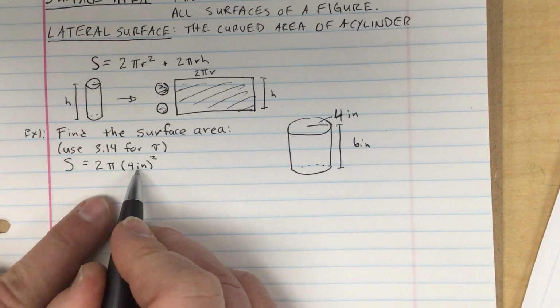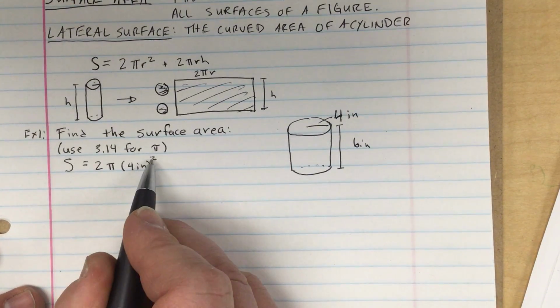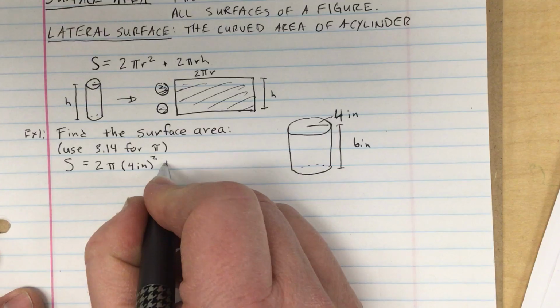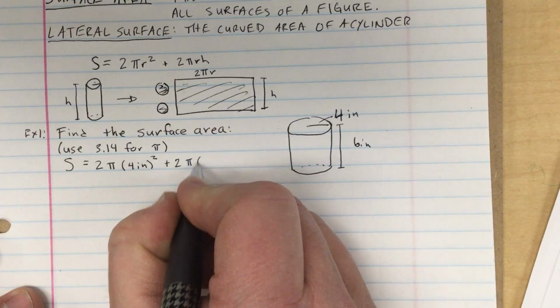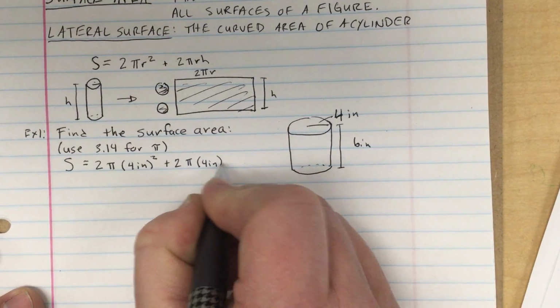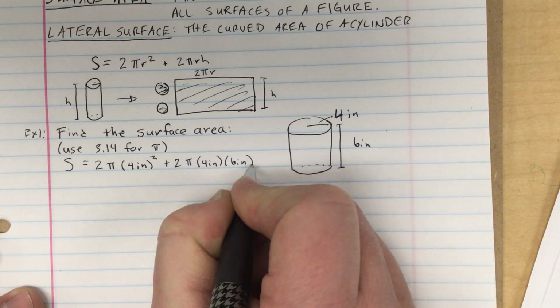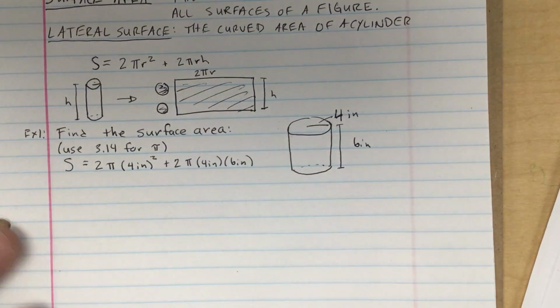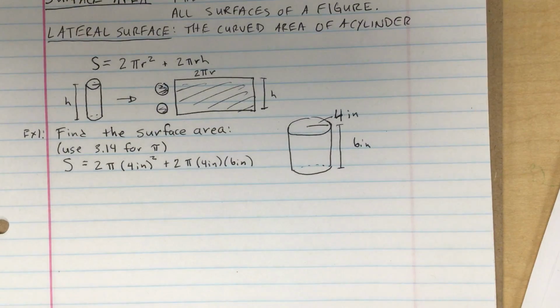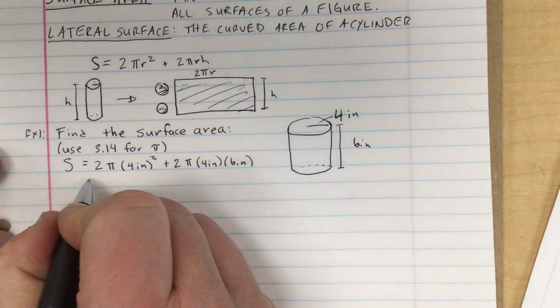You're going to see our units are going to be inches squared. And then we're going to be adding 2 pi times 4 inches times 6 inches. So again, your units are inches squared. Now what I like to do is get all the way through it keeping it in terms of pi, so you're keeping it exact.